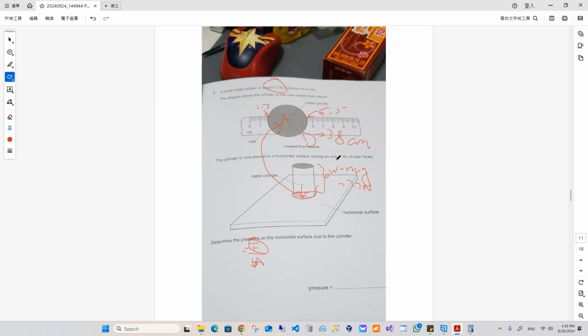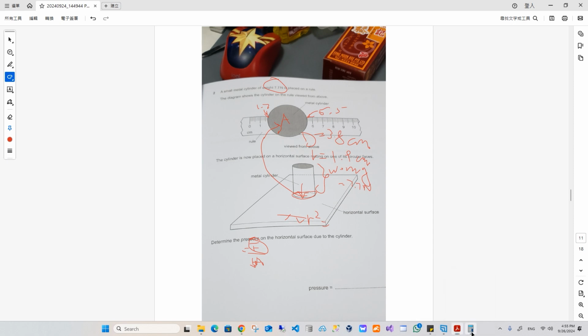Area equals pi r squared. So r equals this divided by 2, which is 1.9 cm. Pi r squared is pi times 1.9, and 1.9 has to be divided by 100 in order to get the SI unit, meter.